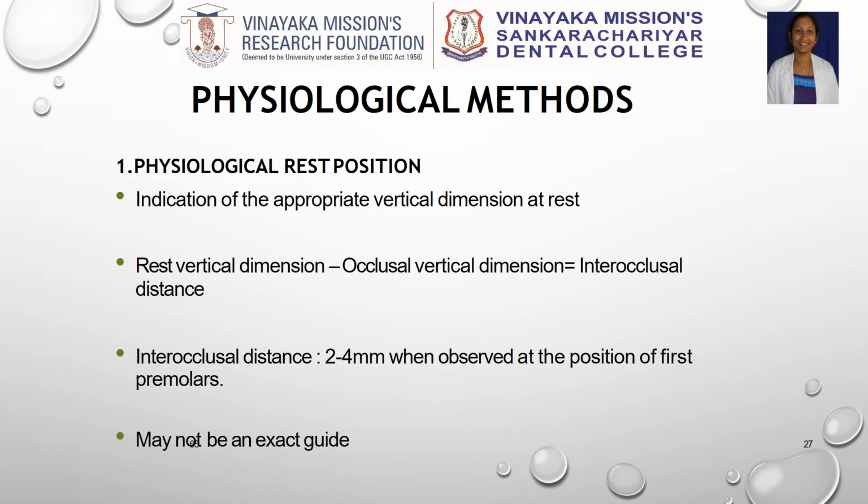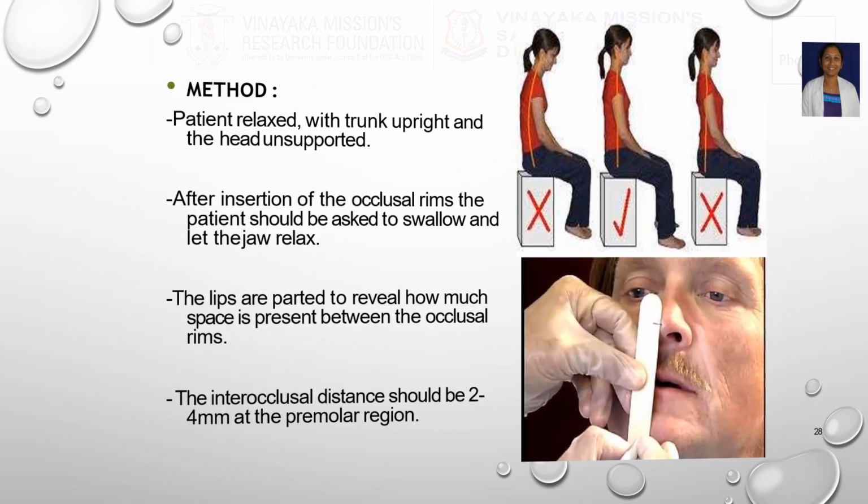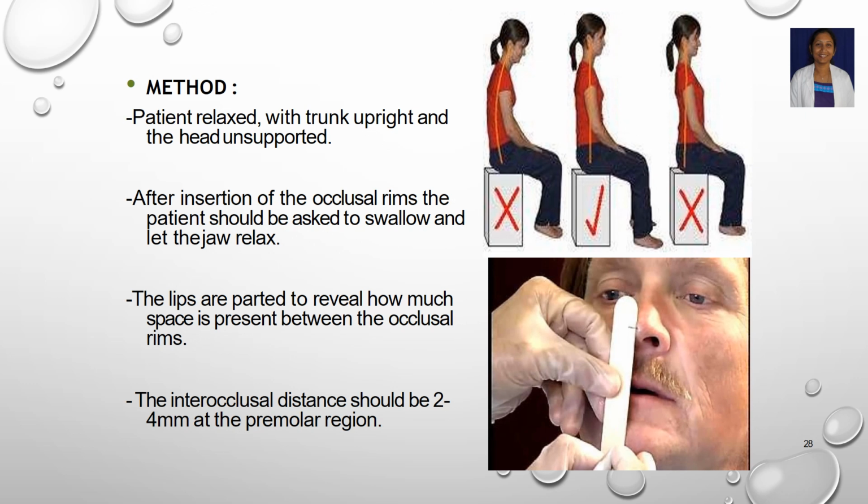So once the mechanical methods have been covered, then comes the physiological method. So first is the physiological rest position. This is the position when the patient is in the most relaxed position. The patient should sit in an upright position. The trunk should be straight and the head should be unsupported.